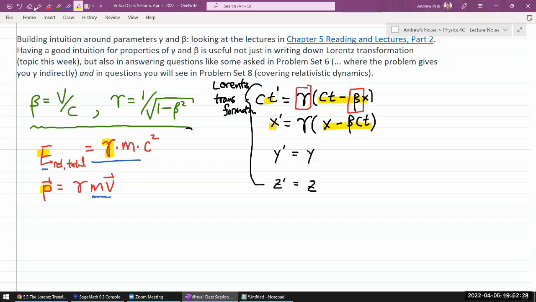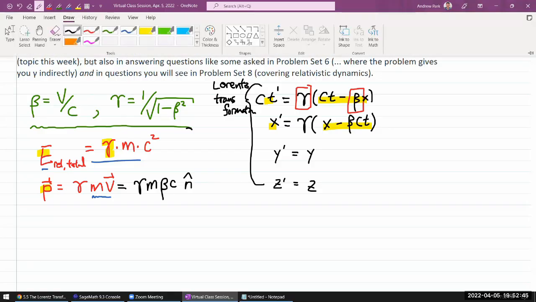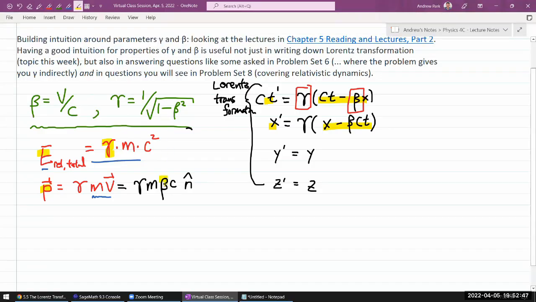Here it's written as mv, but I can write it out this way: gamma times m times beta times c, that's speed, and then whatever direction the particle is going. So when you look at gamma and beta, there's a quite intertwined relationship. We'll get to that next week with the relativistic dynamics.